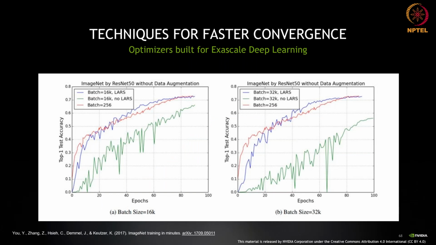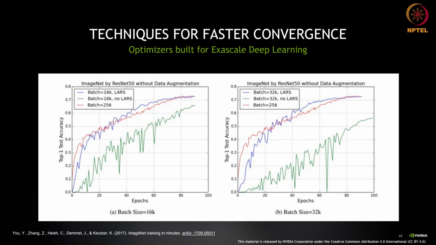Finally, what we are also saying is that we can use optimizers that are built for exascale deep learning that tackle the scaling problem to a certain extent. There are different types of optimizers which are built for exascale or petascale level deep learning.